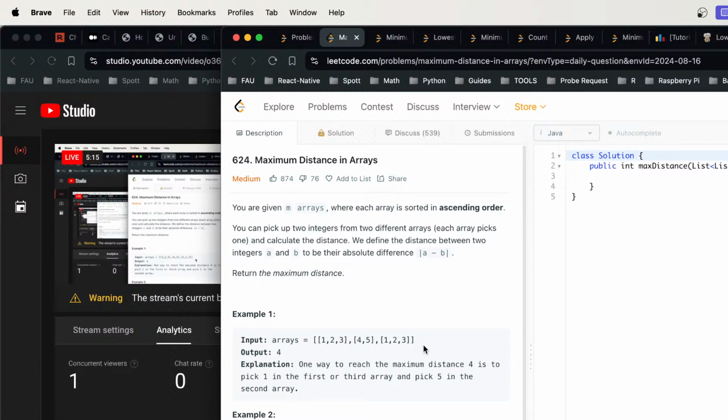If they belong to the same array, now that is going to be interesting. If they belong to the same, then we do a cross. If the smallest one and the biggest one belong to the same array, then I check the second biggest one and the third biggest one.